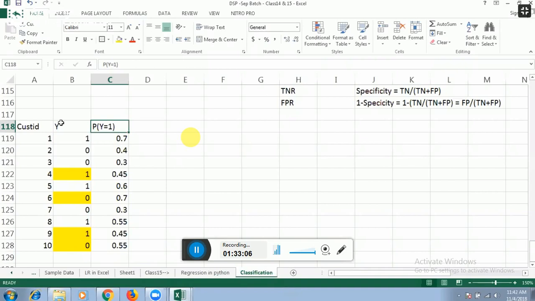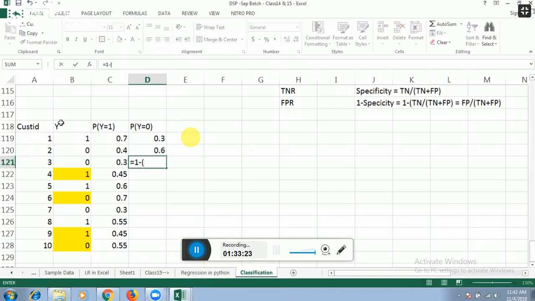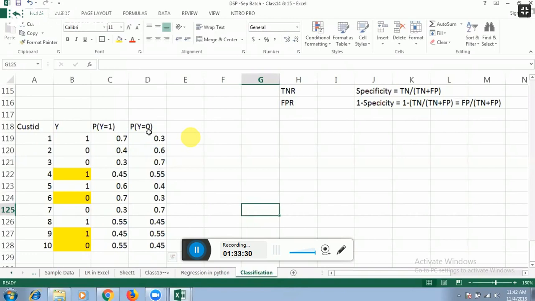Because at the end of the day, probability of y equal to 0 is the same as 1 minus probability of y equal to 1. That means it will be 0.3, it will be 0.6, etc. Since we are predicting probability of y equal to 1, you should have higher probability for 1 and lower probability for 0.